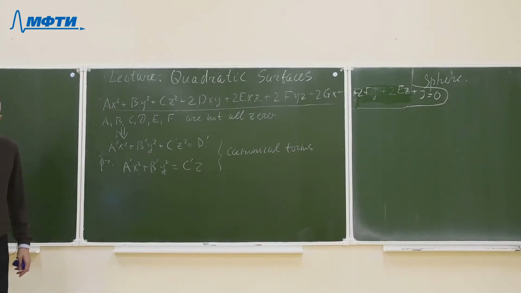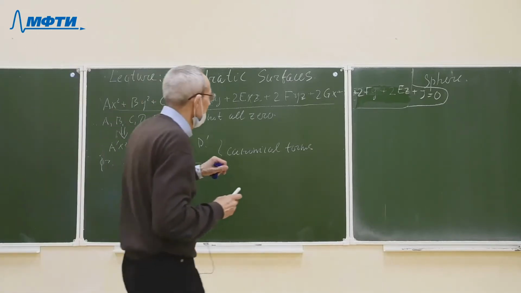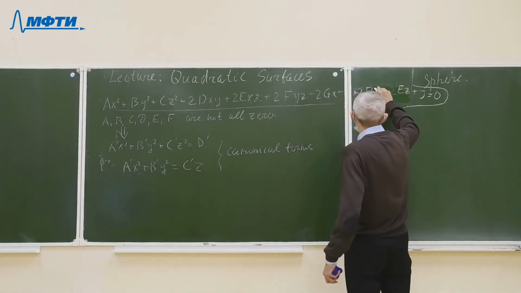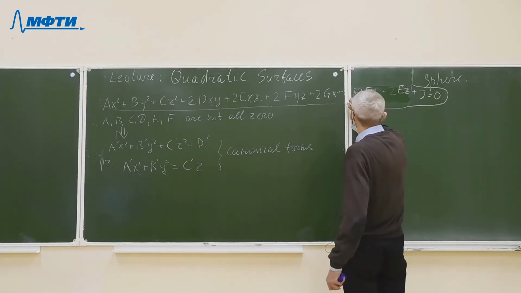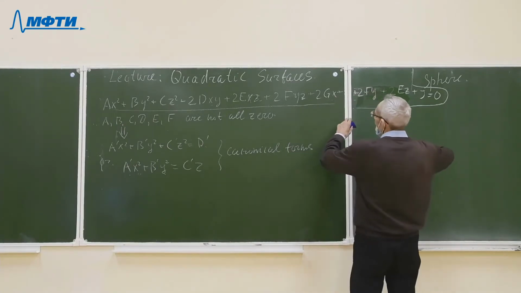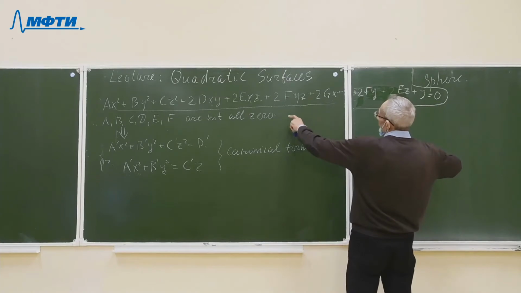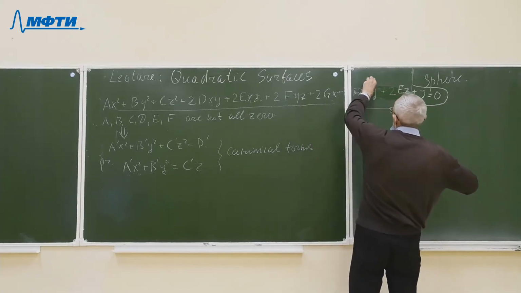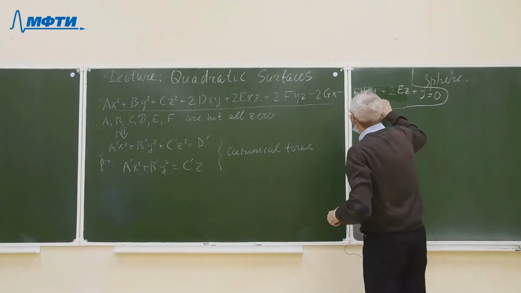Excuse me. Yes, maybe a question? For 2fy plus 2ez plus j, I think we have coefficient f, 2gx. Thank you. A, B, C, D, E, H. Thank you.